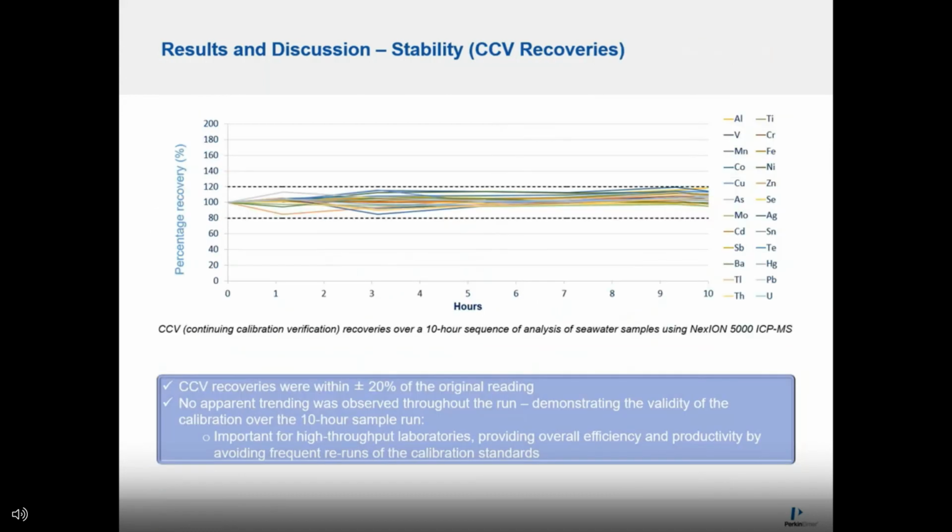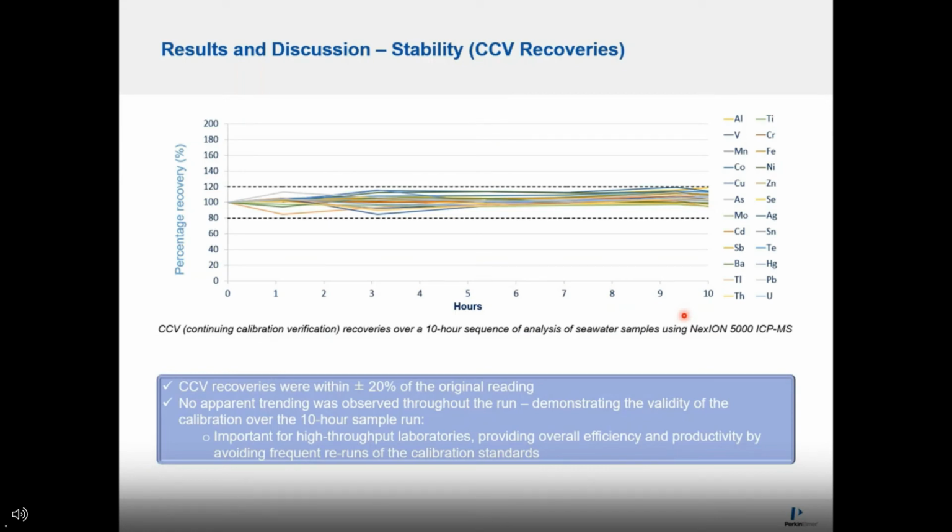As important as accuracy and detection limits, long-term stability is a need and desirable for seawater analysis. For this, the seawater samples were measured repeatedly over a period of 10 hours, and the CCV recoveries were monitored over this period to check for stability.